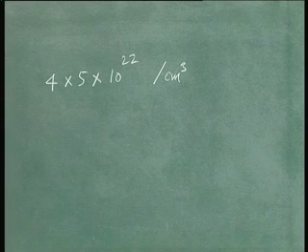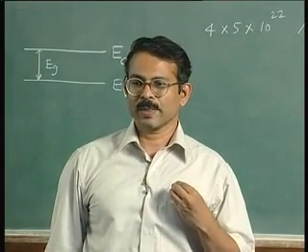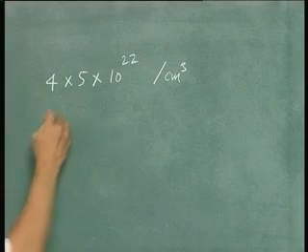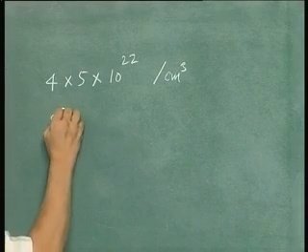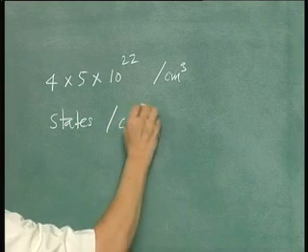These are the number of allowed states for electrons, so many states per centimeter cube.